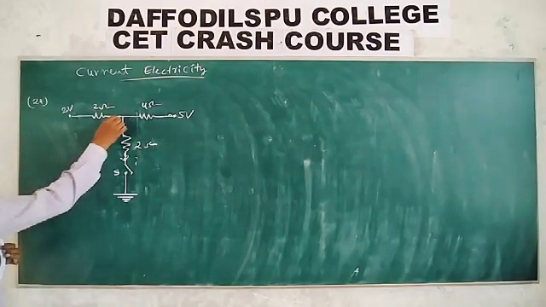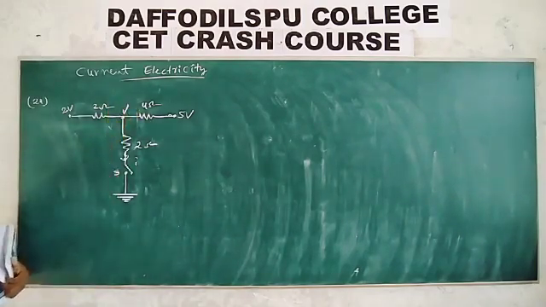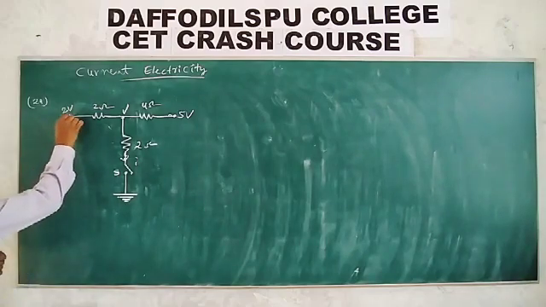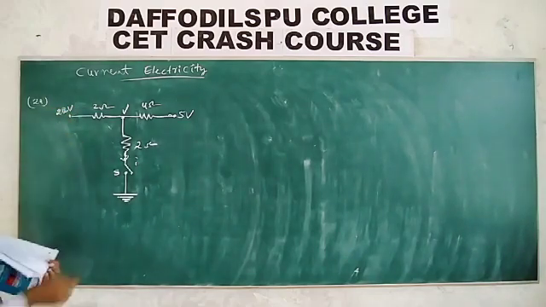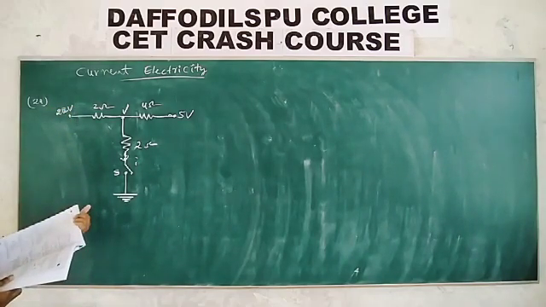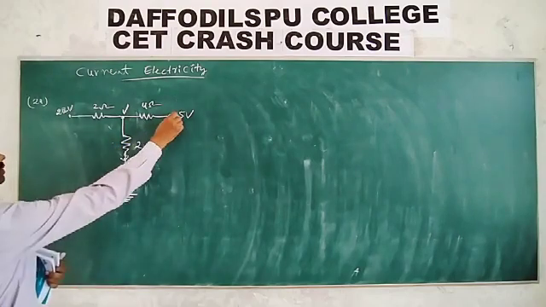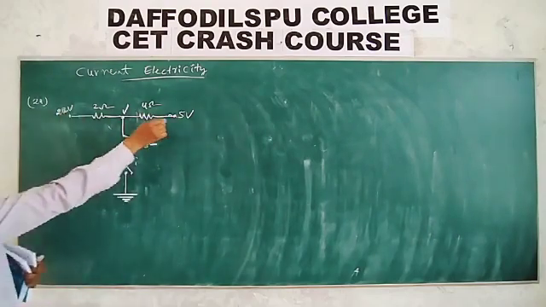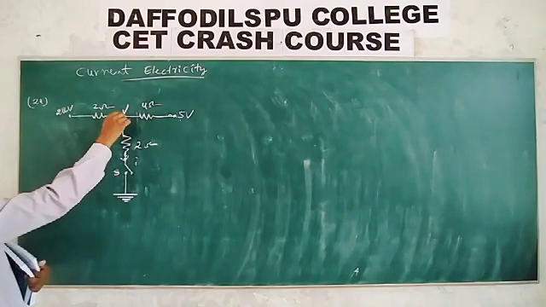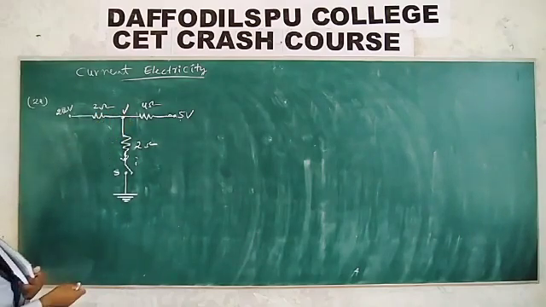Now look at this. At this point, you don't know the potential. But remember, here it is 20 volt. Here 5 volt. Here 20, and definitely it is a low potential point, but we don't know exactly.